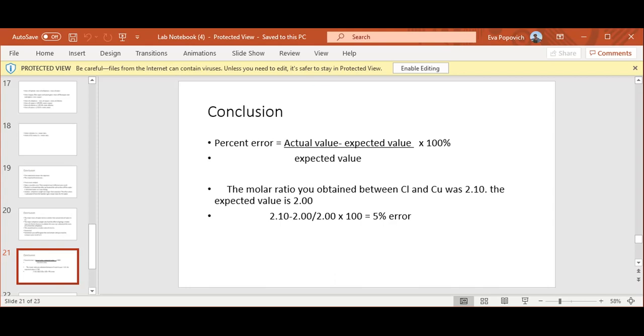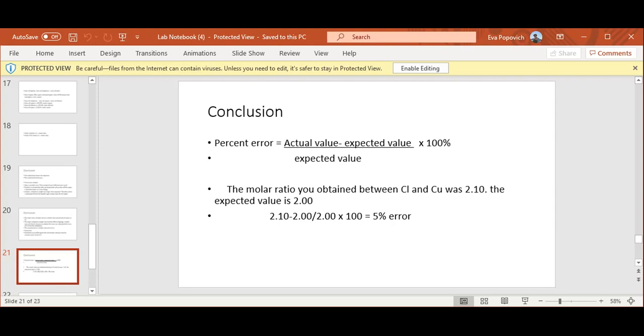Yes. Okay. If I give you the right answer to the experiment, that means I'm going to want you to do a percent error.